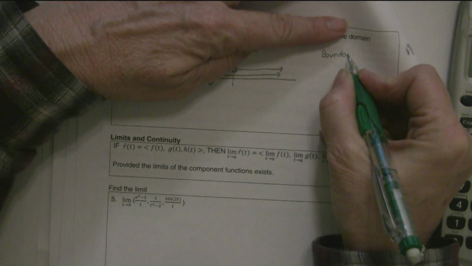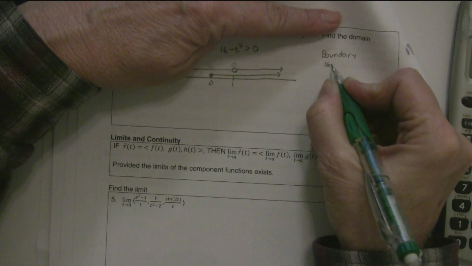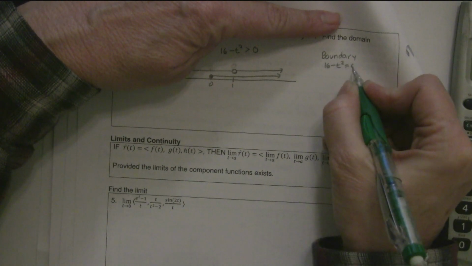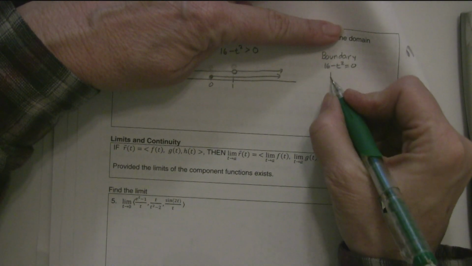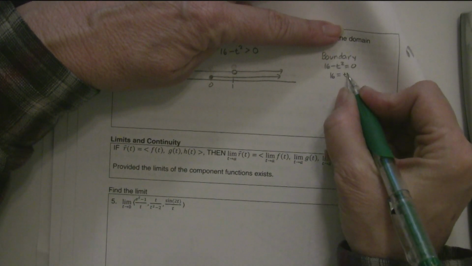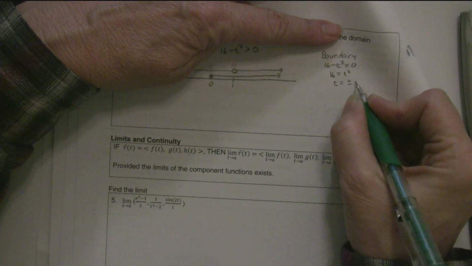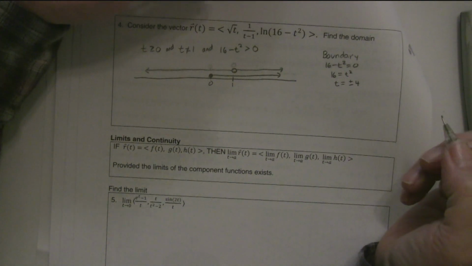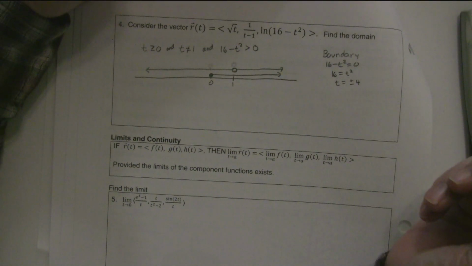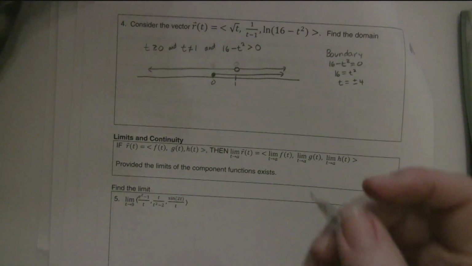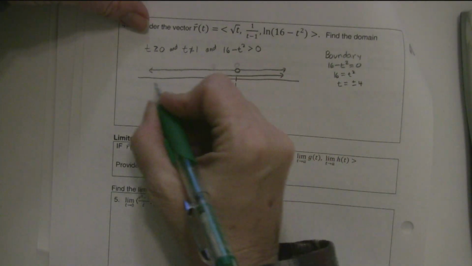And the boundary happens at equals. That 16 minus t squared equals 0. And so that happens at 16 equals t squared, and that happens when t is equal to plus or minus 4. And so what you do is you put those values on your number line. So here's -4.